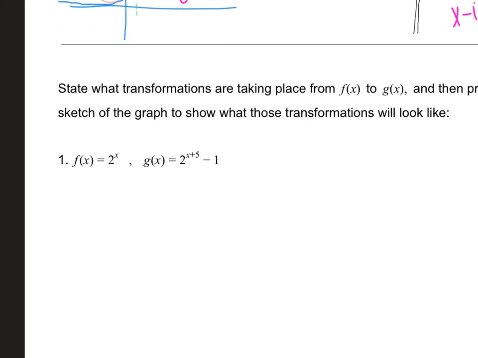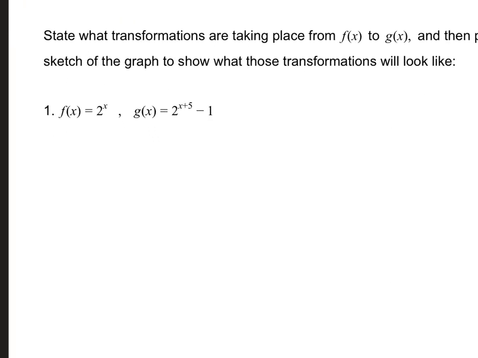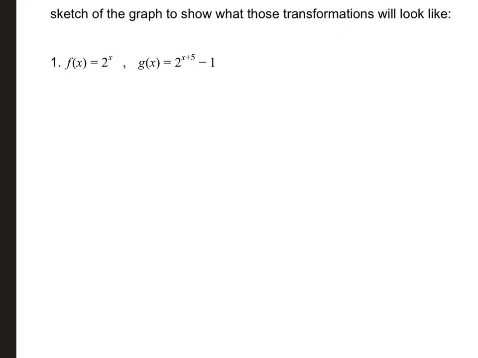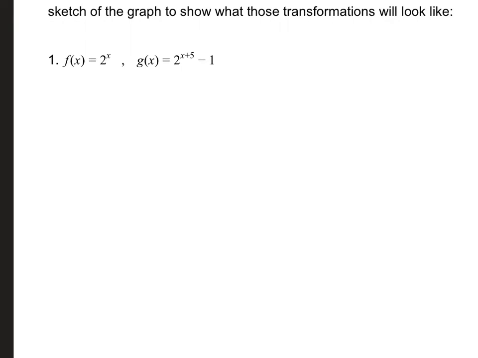exponent or not. If it's in the exponent, think of that as being in the parentheses. If it's not in the exponent, think of that as being outside the parentheses, right? We don't have actual parentheses or actual radicals to tell us. So basically, if it's small, it's inside. If it's big, it's outside, right? So what we have first to start is this plus 5 on the inside.